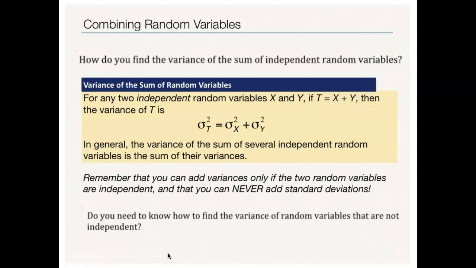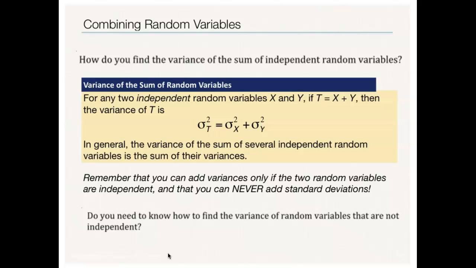All right. So here's the thing about combining random variables. To compute the standard deviation, you have to start with the variance. And we haven't talked about variance in a while. We did mention it sort of towards the beginning of the year, but variance is just standard deviation squared.